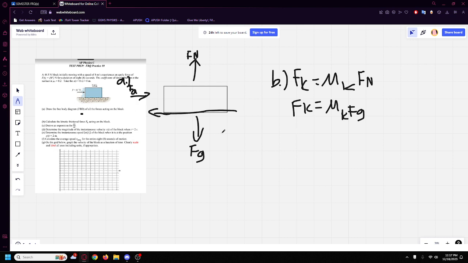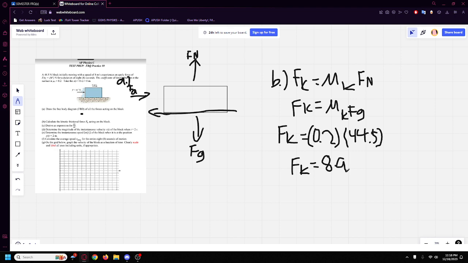The question gives us mu, which is 0.2, and the weight of the block, which is 44.5 newtons. If you multiply this in your calculator, you should get around 8.9. So Fk is equal to 8.9 newtons.